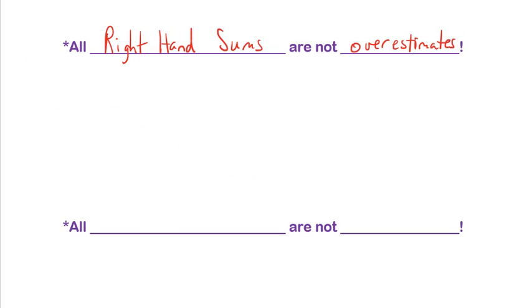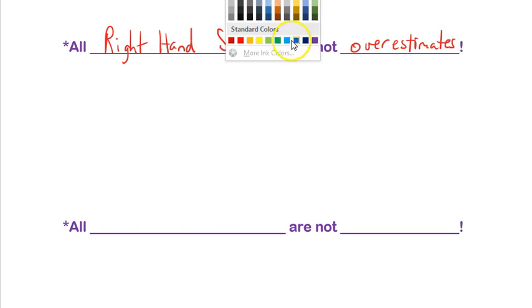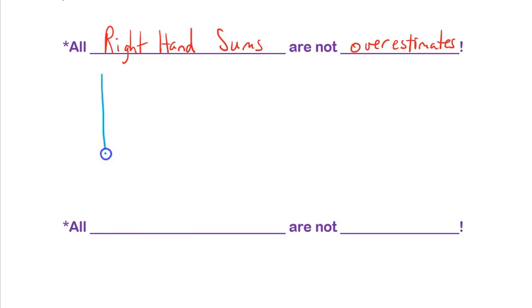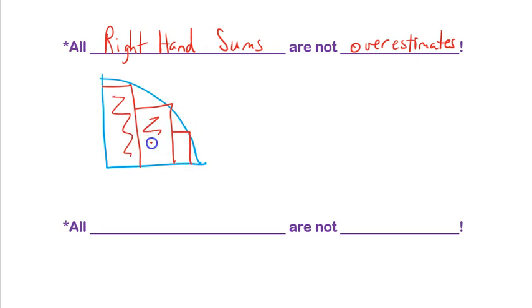So for example, if I had a different graph, if I had one that looked maybe like this, and I did right-hand sums on it, I would actually have an underestimate here because this area would not cover all of the area that I would be looking for.